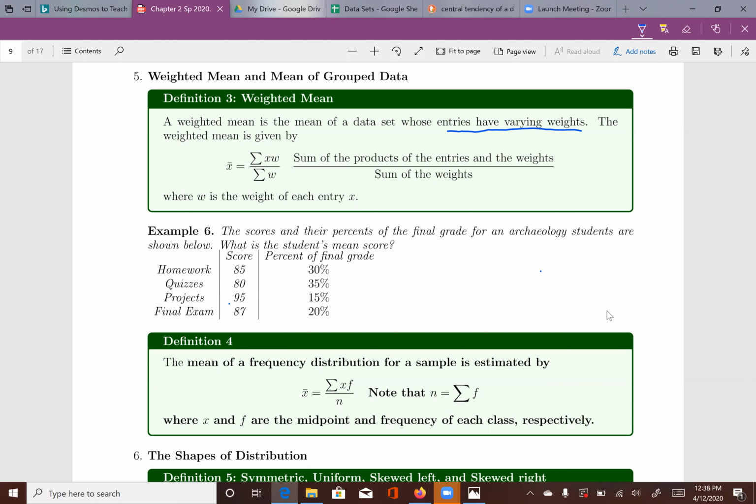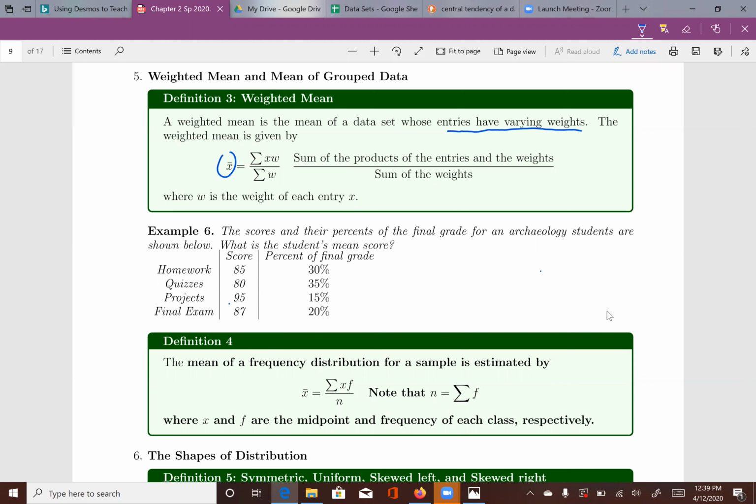And the weighted mean is given by, again, you use x bar for the mean, and it's given by the sum of the products of the entries and the weights, divided by the sum of the weights, where w here is the weight of each entry x.